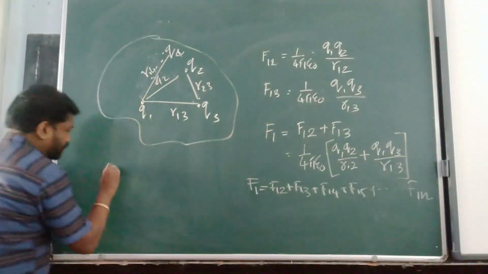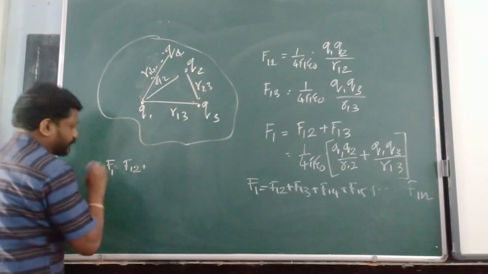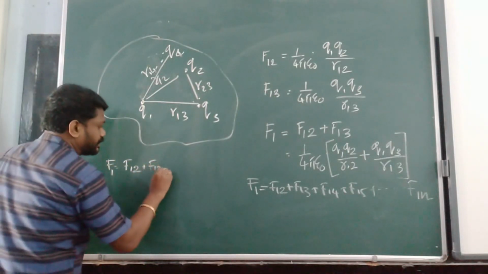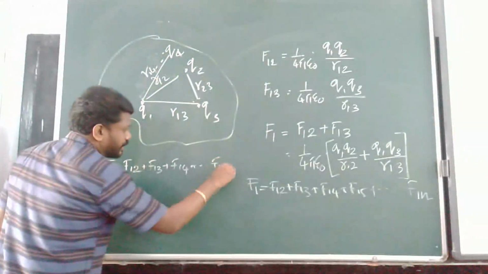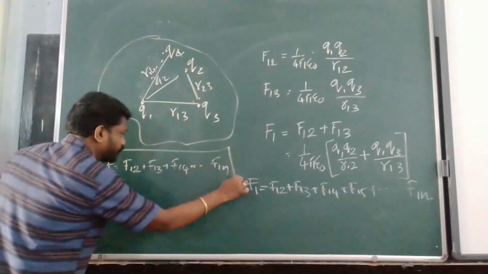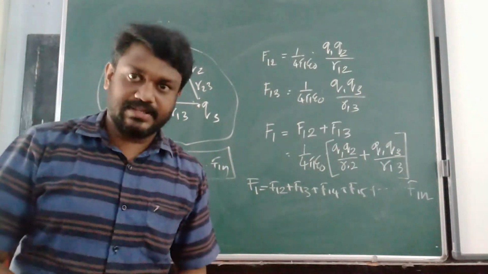So this is represented as F1 is equal to F12 plus F13 plus F14 plus up to F1n. This is the general equation for superposition of electric force.